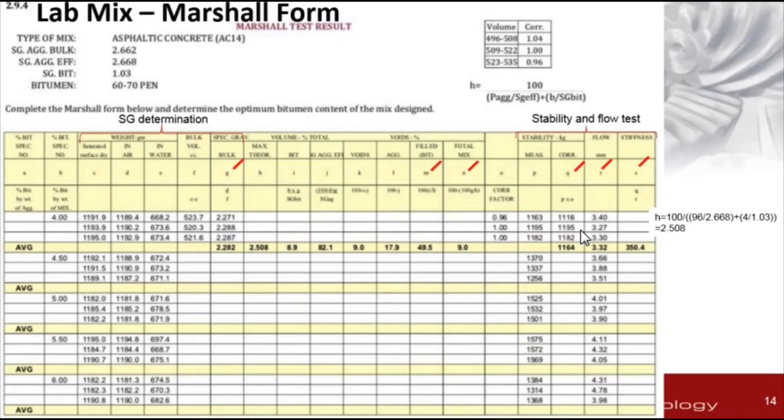Then, by using the average value of the stability and flow, we can calculate the stiffness value as shown in column S. That's the final parameters in the Marshall form. So next, what you need to do is to fill in and calculate for all the parameters of the trial bitumen content.